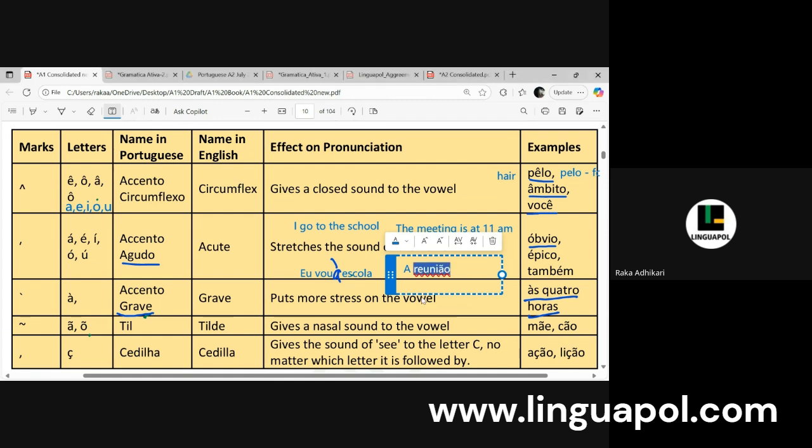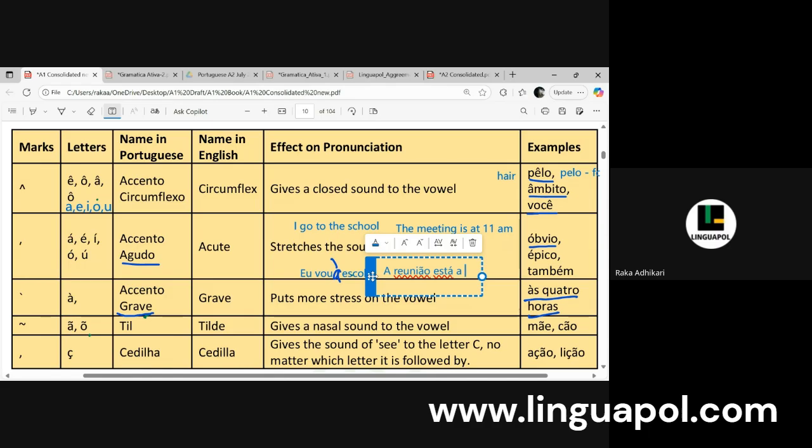So we'll say a reunião está, a for at, and then we use an article also in Portuguese. In Portuguese, we use way more articles than we do in English. In English, we say the meeting is at 11, whereas in Portuguese, we typically say the meeting is at the 11.